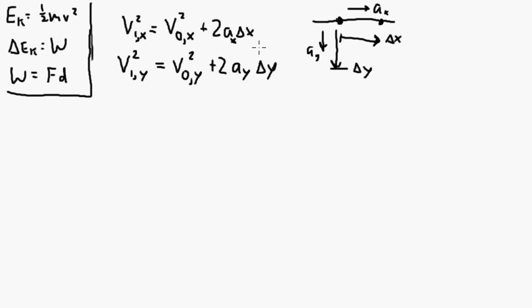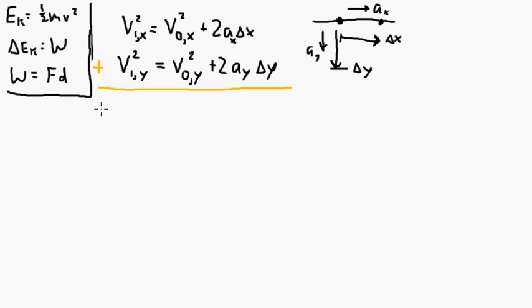And so what we can do here is a kind of little trick where we basically take these two equations and we add them up. So we're going to take this equation and add this equation to it and see what we get out.